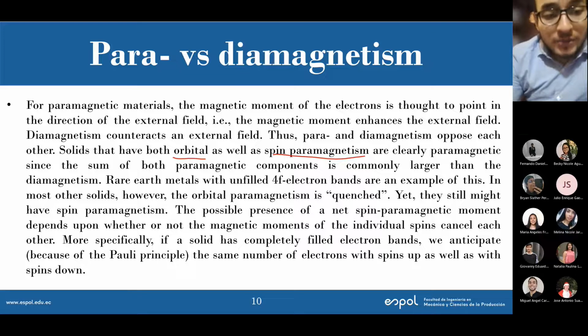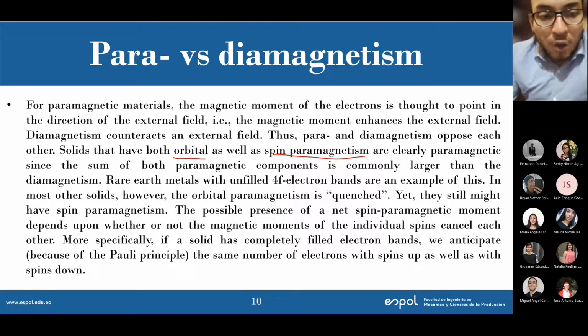They are clearly paramagnetic because it's the sum of both paramagnetic components, and obviously the material will be more paramagnetic than diamagnetic. You can find that, for example, in rare earth metals that have an unfilled F electron level.